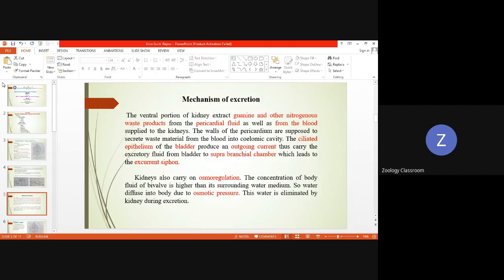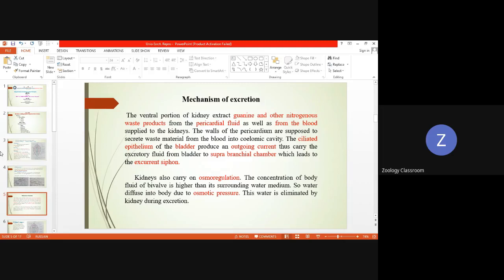Yes. And that is done by the kidneys. So this excess amount of water, so the maintenance of water and salt balance in the body is nothing but osmoregulation. Is that clear? So the kidney also performs the function of osmoregulation.